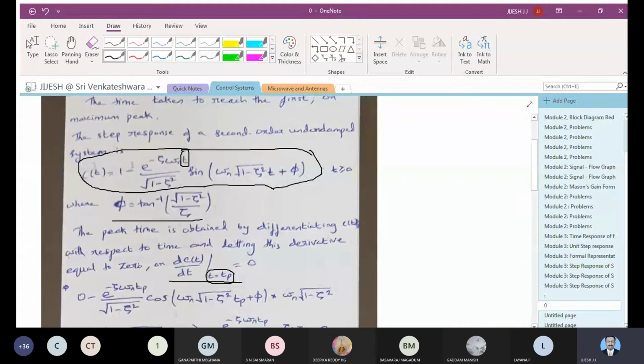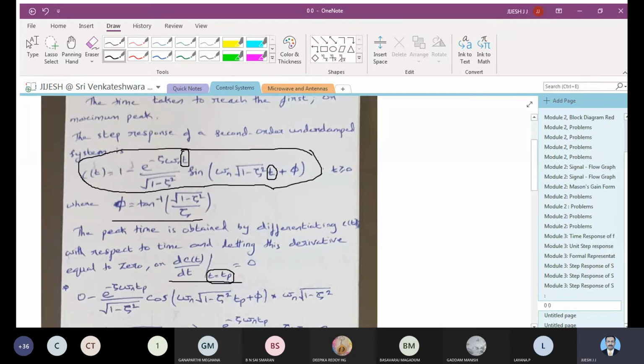So we get e to the power of minus zeta omega n Tp divided by root of 1 minus zeta square. Differentiating the sine, you get cos of omega n root of 1 minus zeta square Tp plus phi, multiplied by omega n root of 1 minus zeta square. This is what you get when you differentiate, that is dC of t by dt.